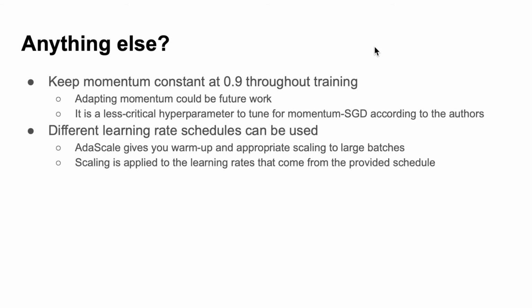Basically, what they claim is that because this is a less critical hyperparameter and you typically see good performance by setting it at its default value, they just don't tune it, and they leave it up to other people or future work to see if you can get better performance by actually tuning the momentum. Additionally, it's good to keep in mind that AdaScaleSGD isn't assuming any particular learning rate. So different learning rate schedules can be used or plugged into this algorithm.